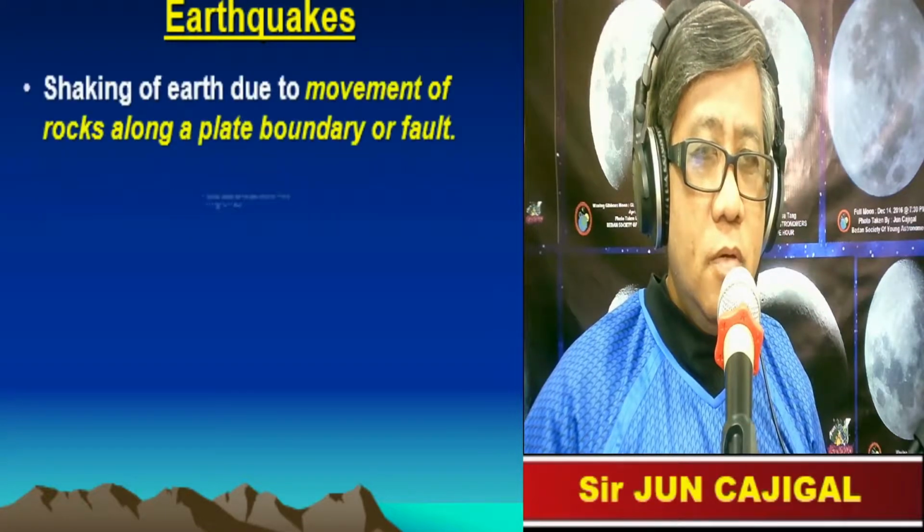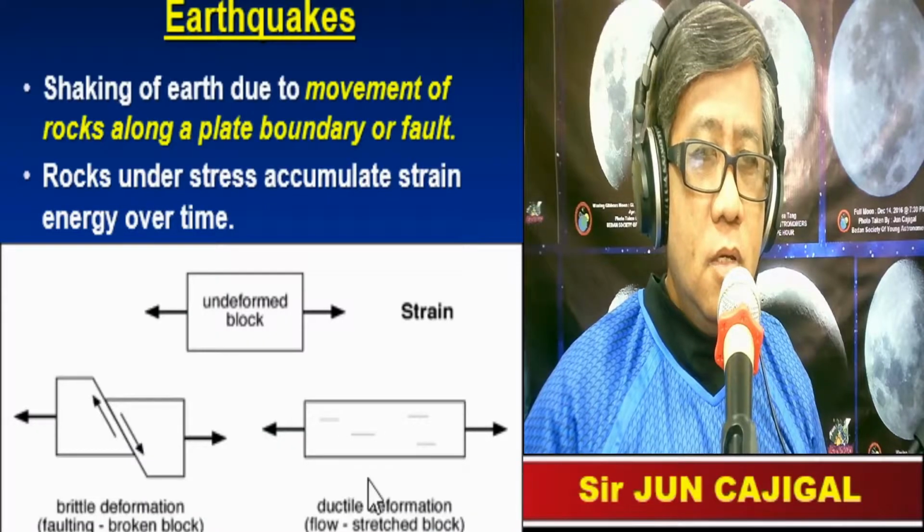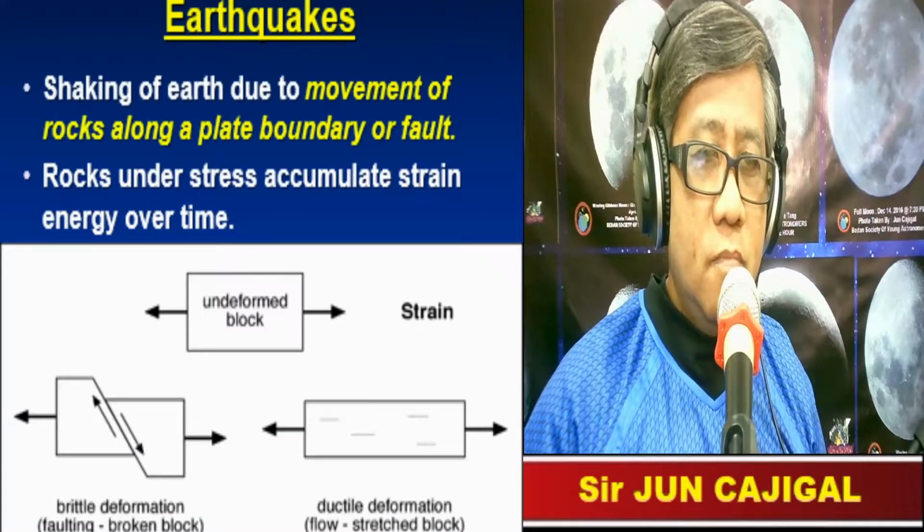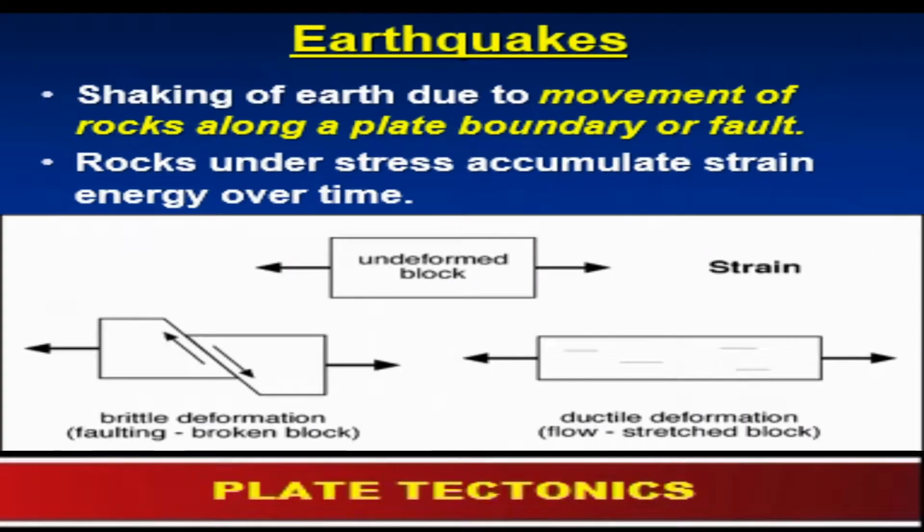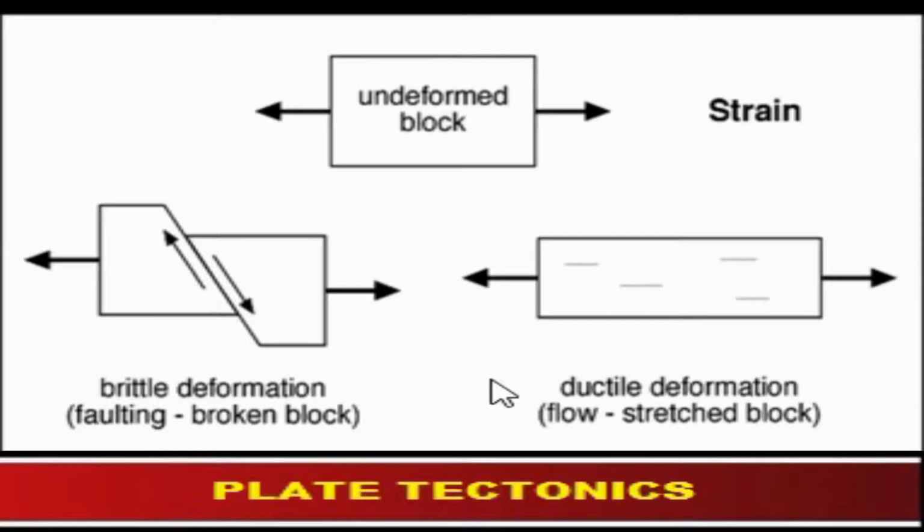Okay, so everybody, I want you to zoom in on this diagram explaining what happens before an earthquake occurs. When rocks move along plate boundaries, they are subjected to extreme strain and stress. So if that happens, rocks get deformed. Before the movement of the tectonic plates, the rocks are undeformed.